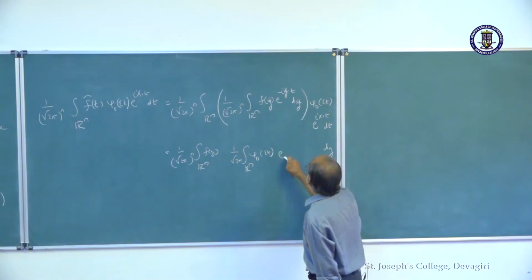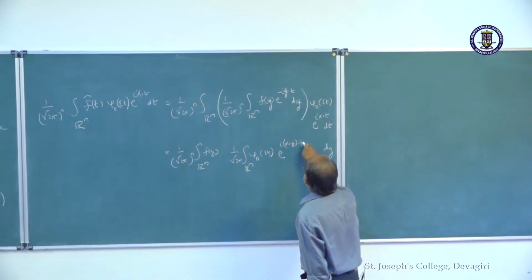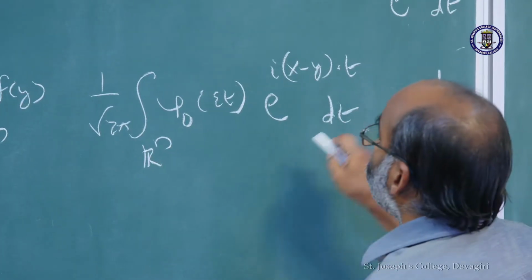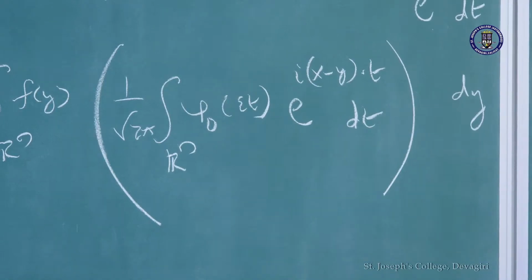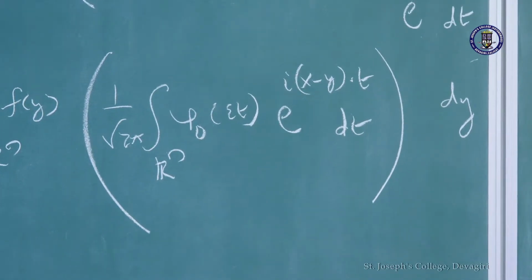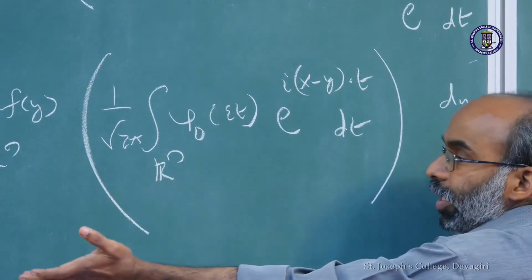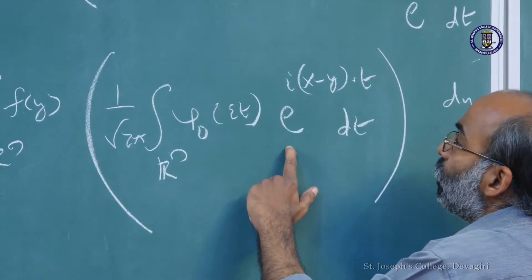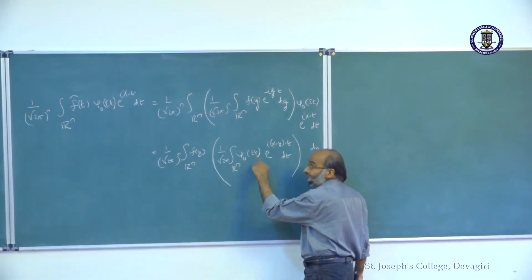So, that is e to the i (x minus y) dot t, dt. Right, all I have done is interchanging integrals. But phi 0 is a nice guy, right, this is our Gaussian, and this is simply calculating the Fourier transform at x minus y, of this dilated Gaussian.